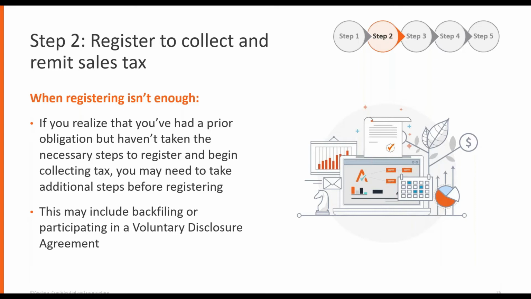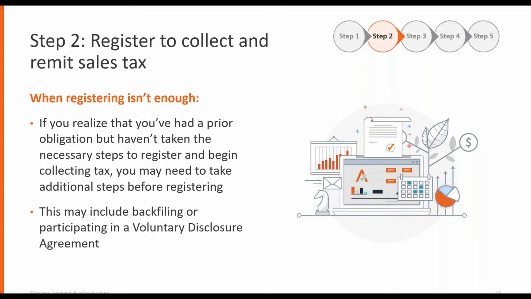And if you realize that you may have had some nexus or some obligations in different states, but you didn't take the right steps and missed some of the states you should have been registered in, either Avalara or your local state and local tax experts can reach out to those taxing authorities and make some arrangements.